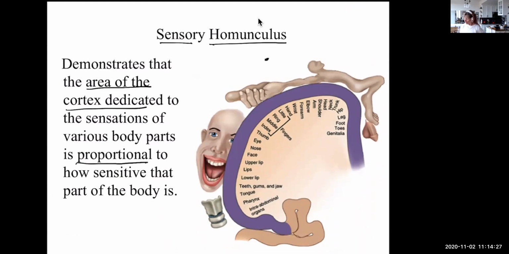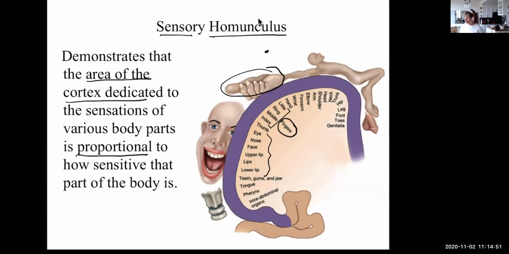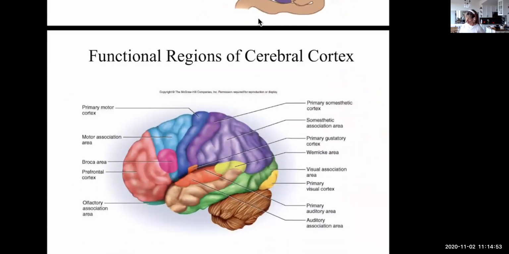As you would expect, your fingers are very sensitive. A large portion is devoted to your fingers and your hand and your mouth, your lips, your face and your nose and your eyes. There are a lot of receptors in those areas. That's the sensory homunculus.